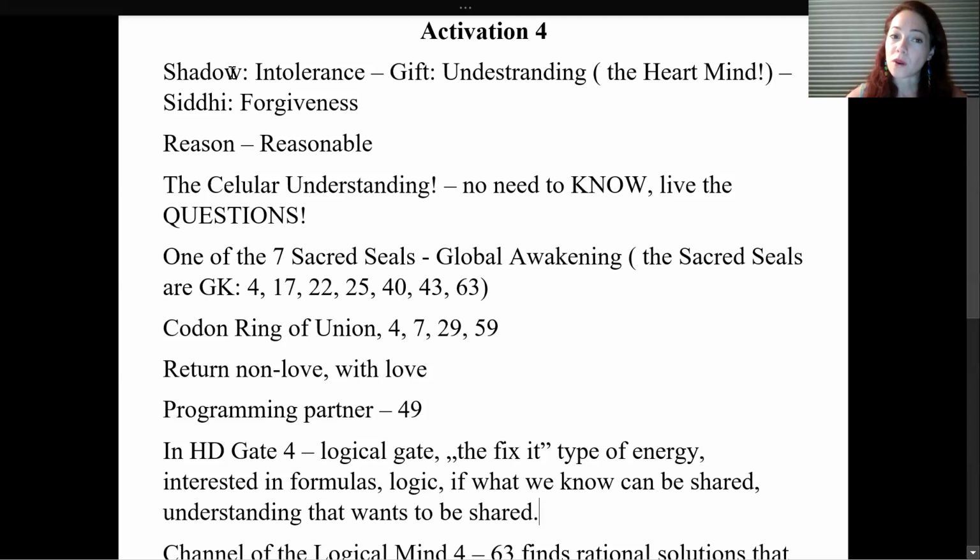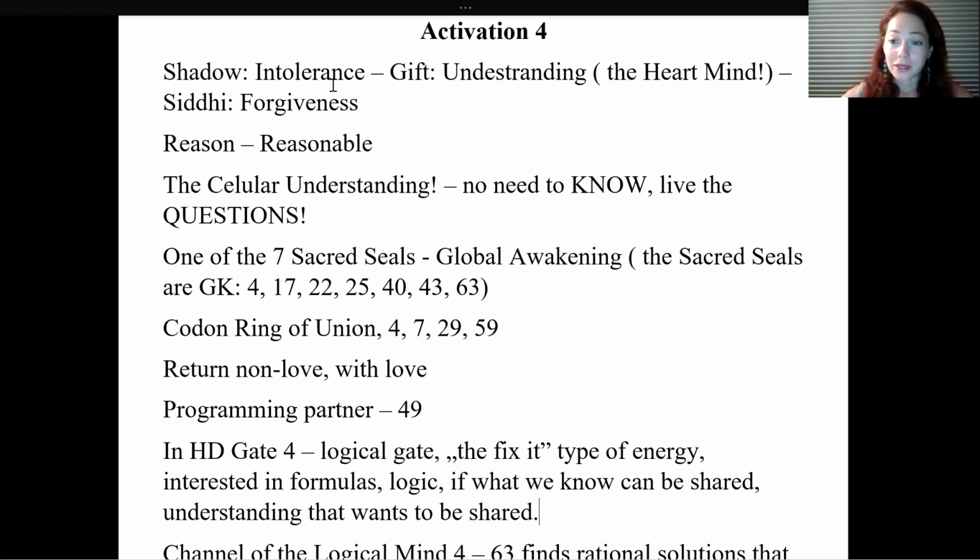So when 4 moves from the shadow to the gift and the siddhi, it no longer needs to know. It can live with the questions. It can enjoy that, how they beautifully describe it, the useful folly. Just enjoying the questions life brings, enjoying the path without necessarily wanting to know everything in such detail.